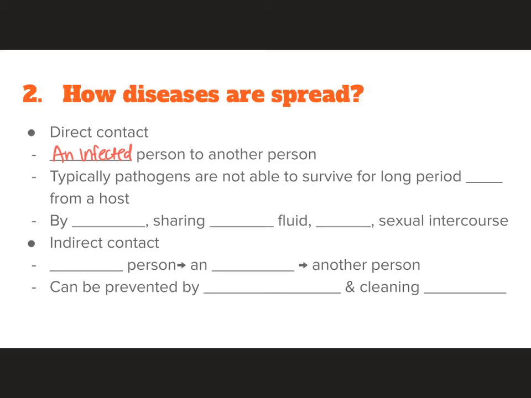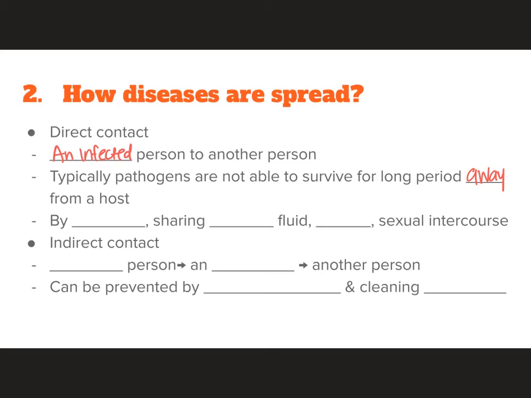With direct contact diseases, typically the pathogens outside of the host body are not going to survive for a long period of time. If they're away from their host, they're going to die off. If they contact someone else and transfer to the other person, the chances are they may survive.